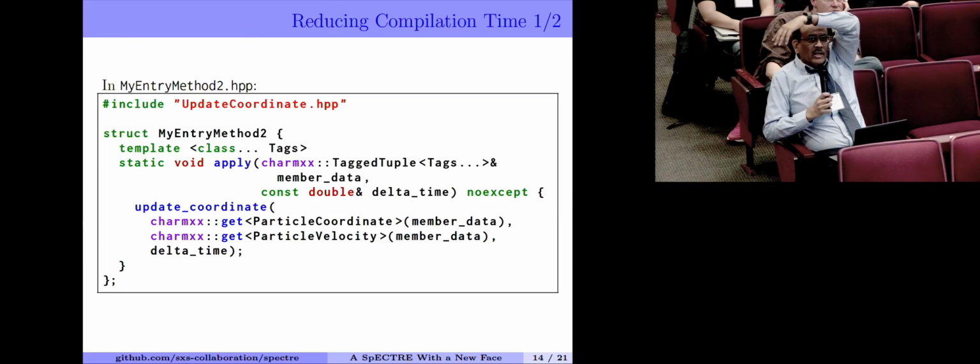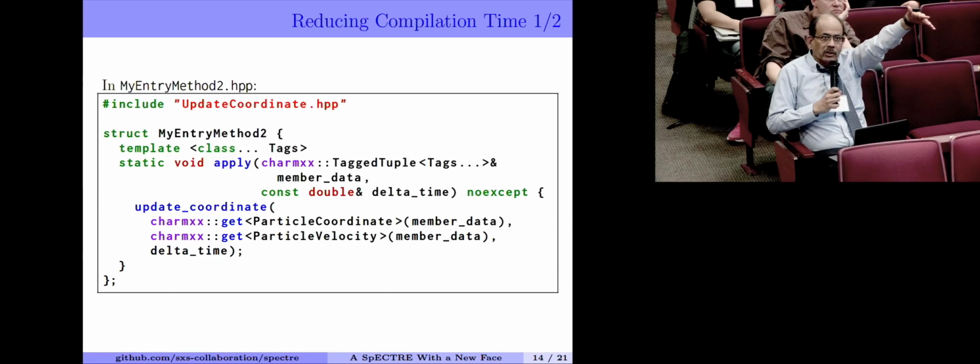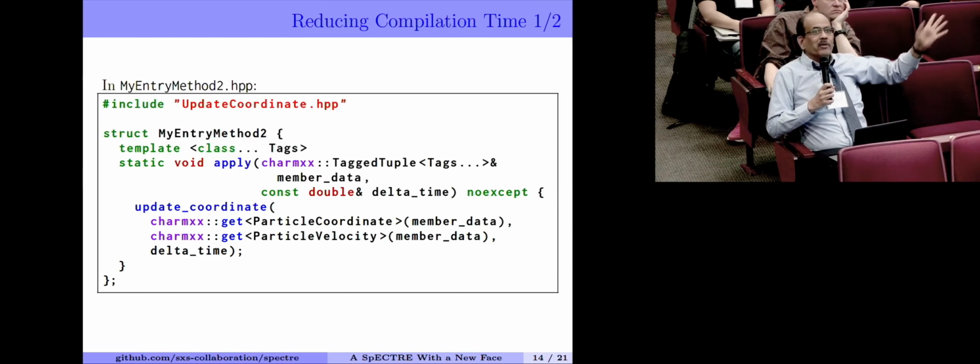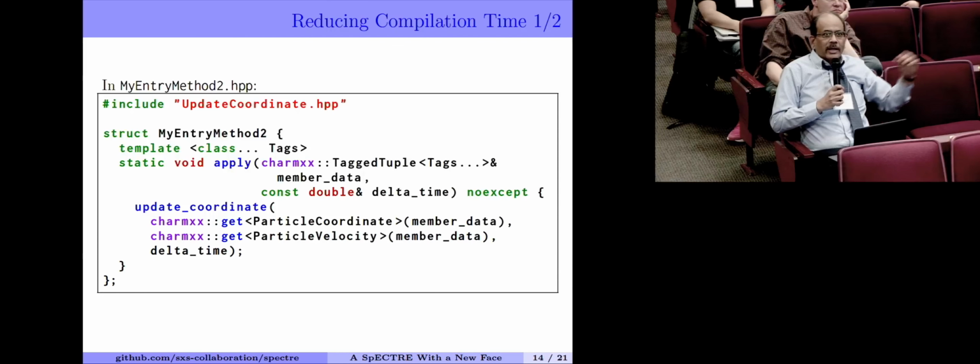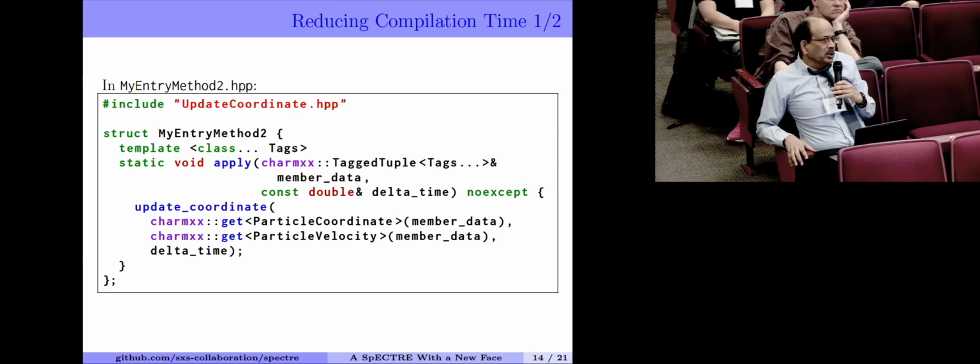Then I would write my chare class, and all I would do is have this polymorphic apply function, and I would make that apply function call my object's method that corresponds to the entry method. That's a legitimate usage pattern? Yes. And is that something that people in your group do often enough, for example?